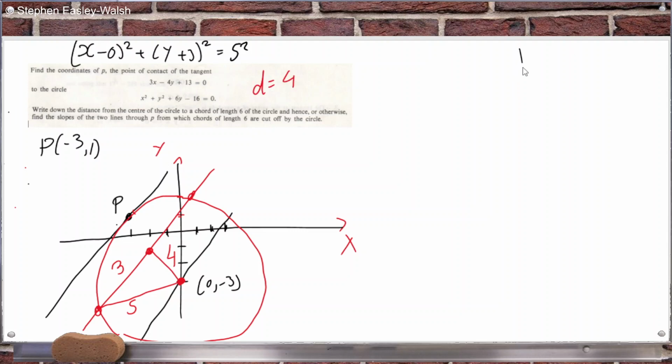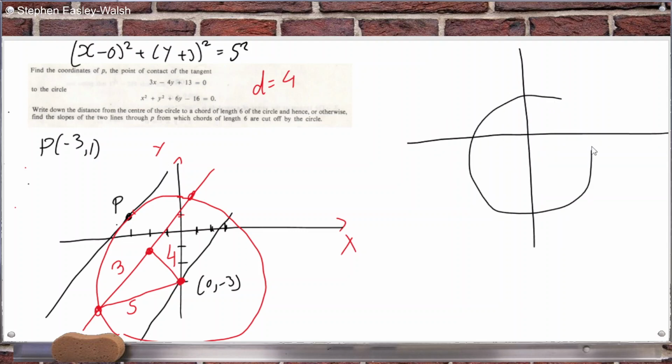Let's draw this again. Okay. And then the P is here. Write down the distance from the center of the circle to a chord of length 6 of the circle, and hence or otherwise find the slope of the two lines through P from which chords of length 6 are cut off by the circle. Oh, so like it's a line here and a line here.